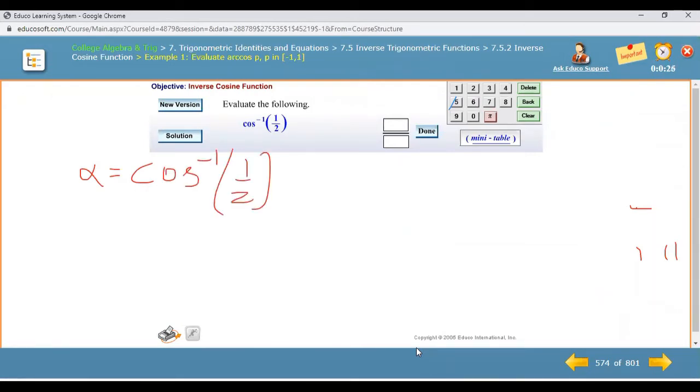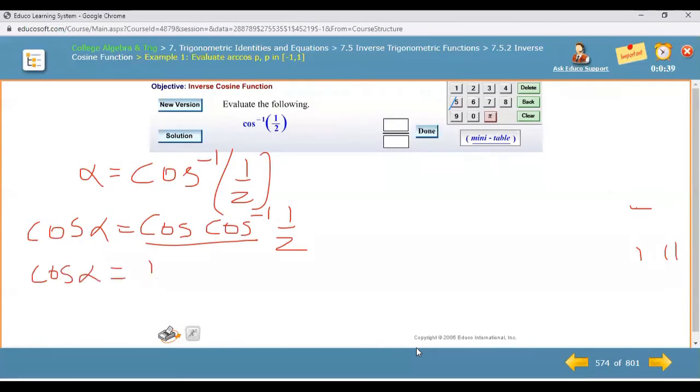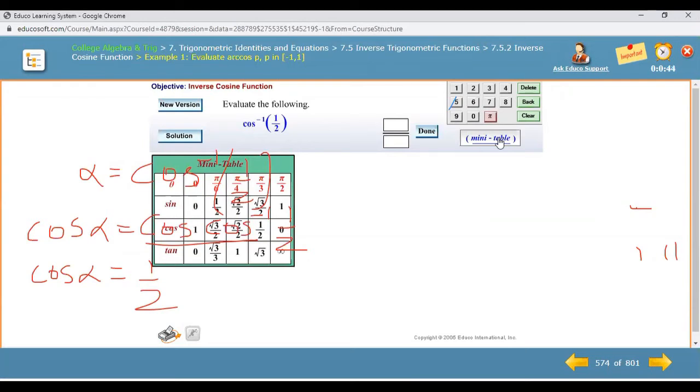Now I operate cosine on both sides, and they cancel out the effect. Cosine alpha is 1/2. I check the mini table. Cosine 1/2 is at pi over 3. So alpha is pi over 3, or 60 degrees. That's it.